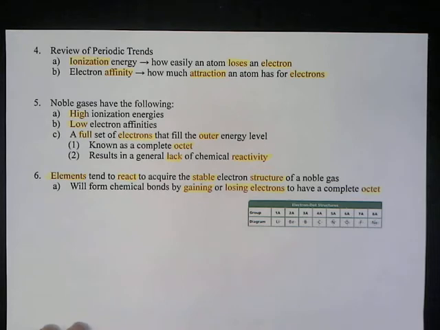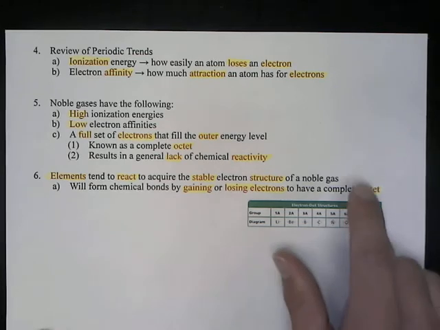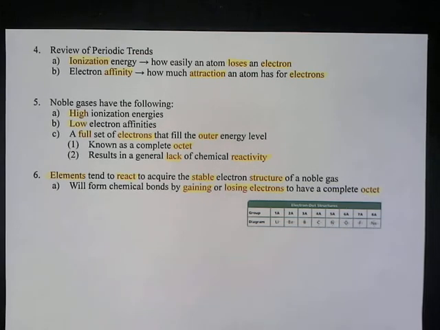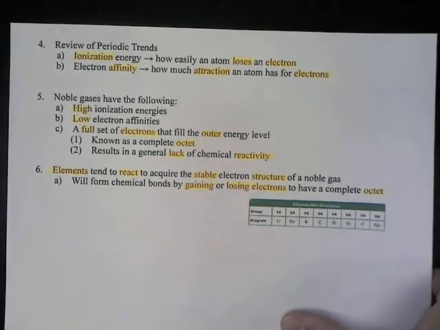There are a couple of exceptions to the octet rule, and we'll talk about them throughout this chapter. So elements want to gain or lose electrons to have a full set of 8 electrons in their outer energy level.